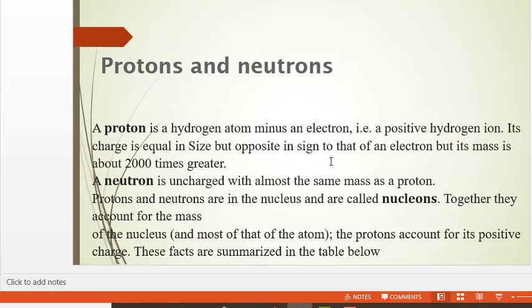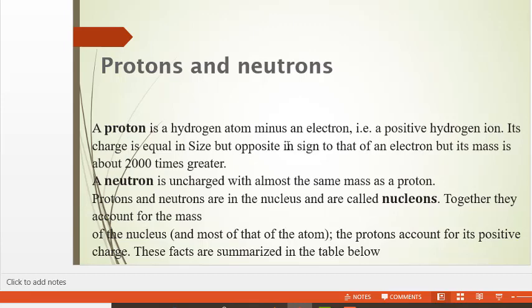Then when we compare mass, as we shall see in the coming slide, you discover that there is a very big difference between the mass of a proton and the mass of an electron. Actually, a proton is almost 2,000 times greater in terms of mass than an electron.